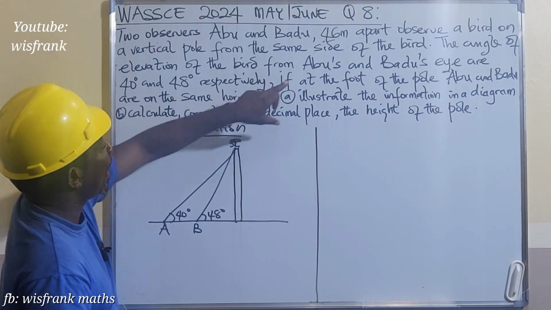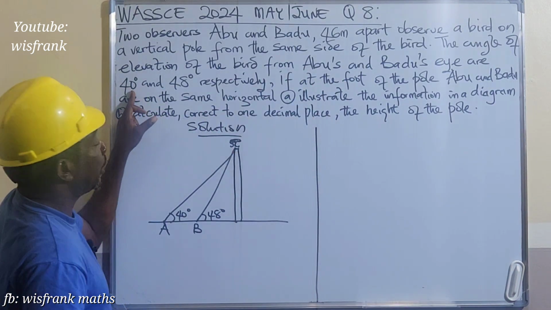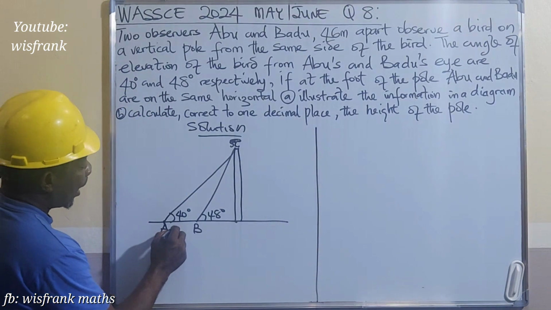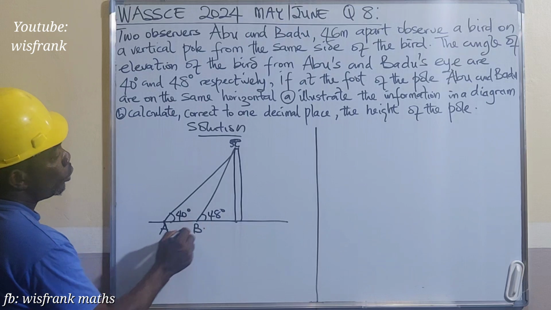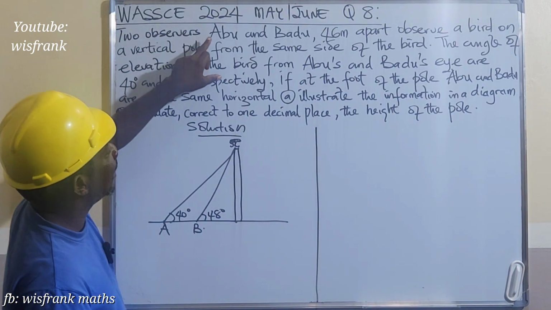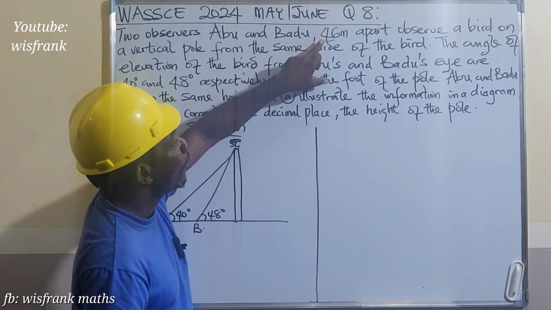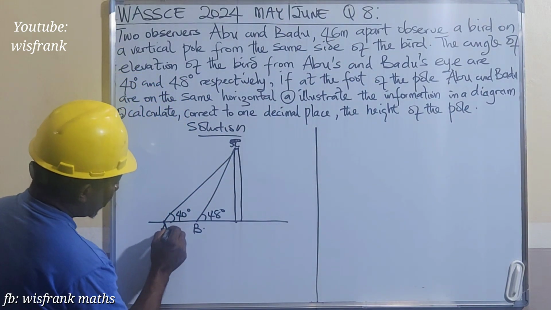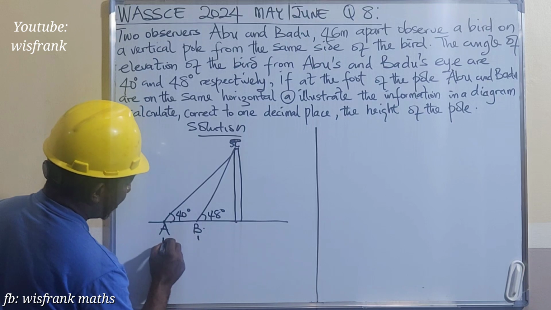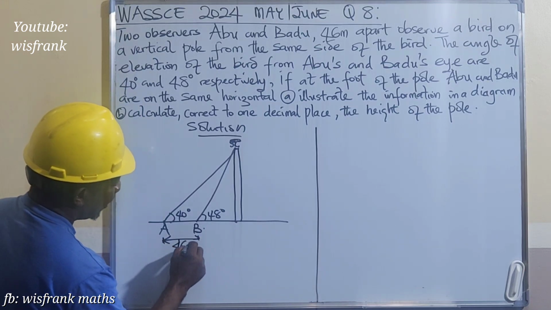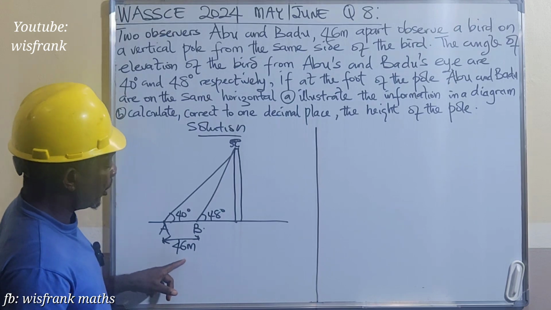So this is Abu and this is Badu. The question says two observers, Abu and Badu, are 46 meters apart. So the distance between this place and this place, Abu and Badu, is 46 meters. That is what it means.